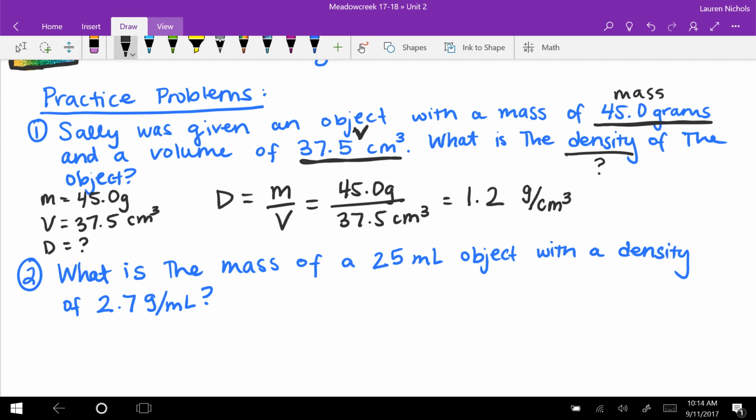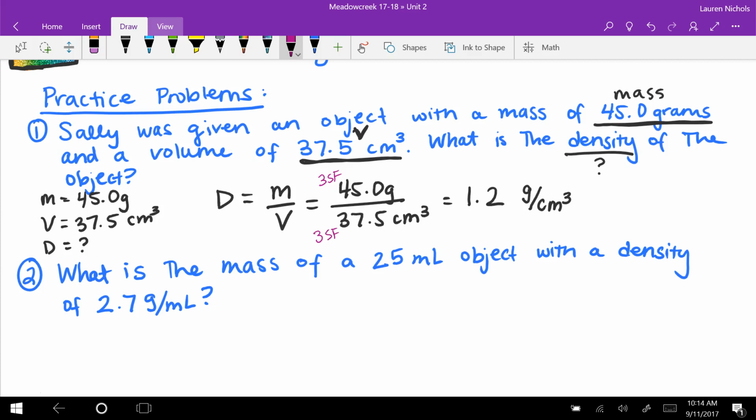Now, before we can say that this is our final answer, we have to look at significant figures. So remember, significant figures help us keep track of how precise our instruments were when we were measuring these things. The rule for multiplication and division, anytime you do a multiplication and division problem, is the least number of significant figures. So 45.0 has 3 significant figures. 37.5 has 3 significant figures.